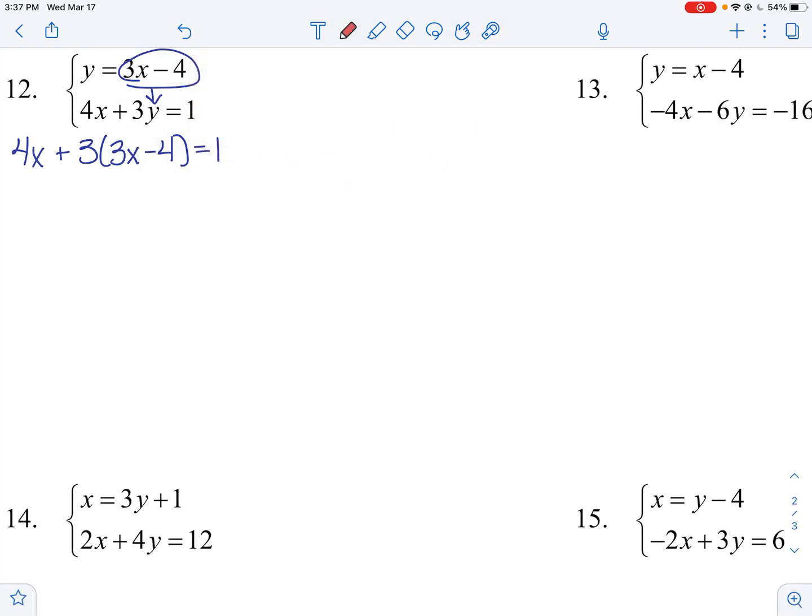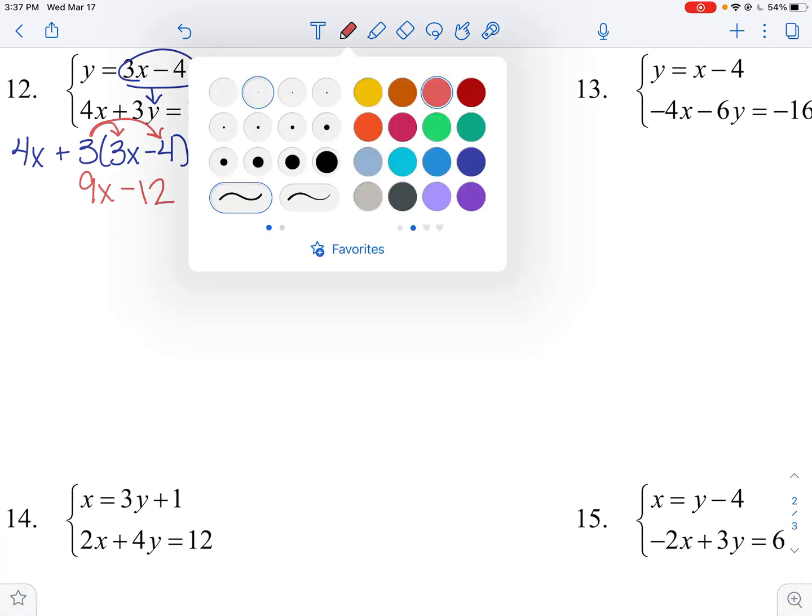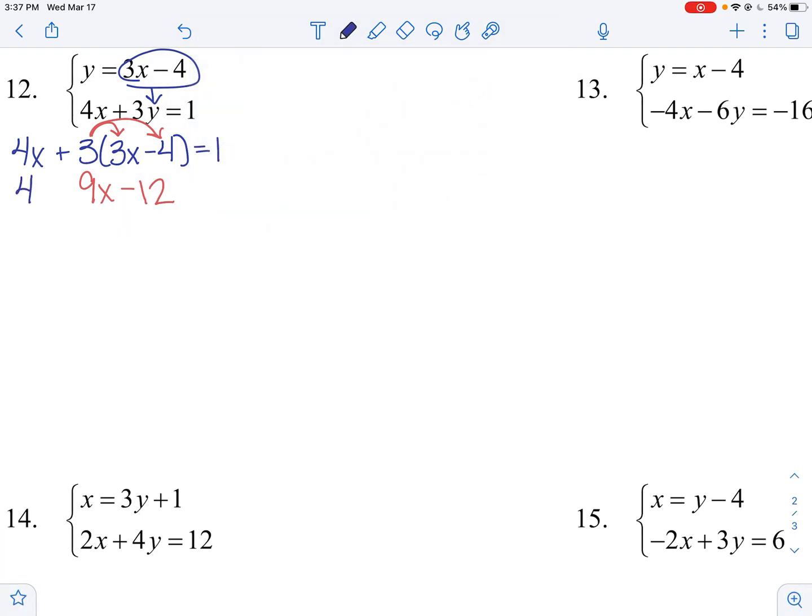Just relax. You can do this. We got to distribute the 3. So 3 times 3 would be 9x, and 3 times 4 would be minus 12. Okay, so all we did was multiply everything in the parentheses by 3. Okay. Now, can we combine any like terms?